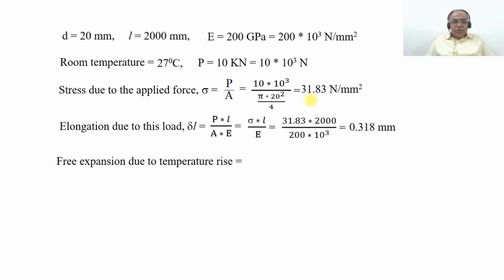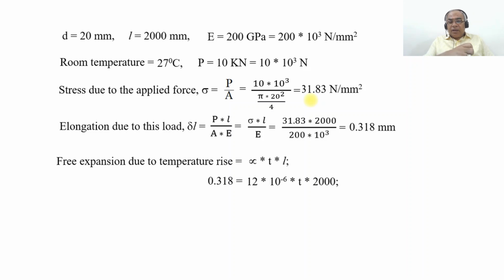Now, free expansion due to temperature rise. When you want to increase the temperature, the free expansion is alpha into T into L. The elongation will be 0.318 because that is the one we have found out. The coefficient of thermal expansion is 12 into 10 to the power of minus 6.